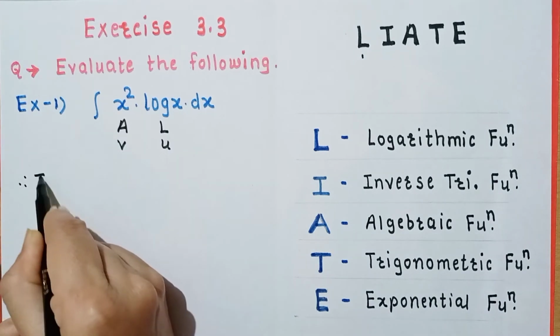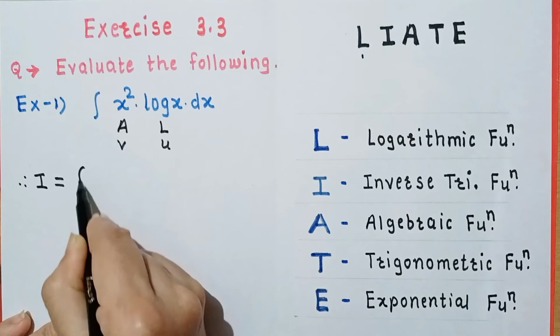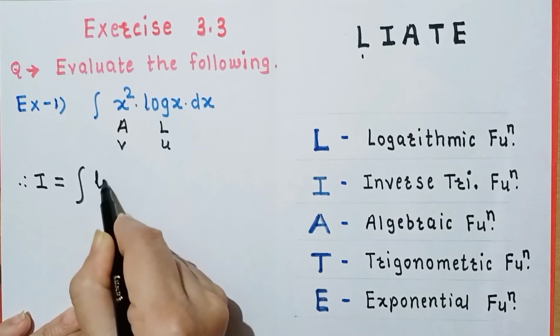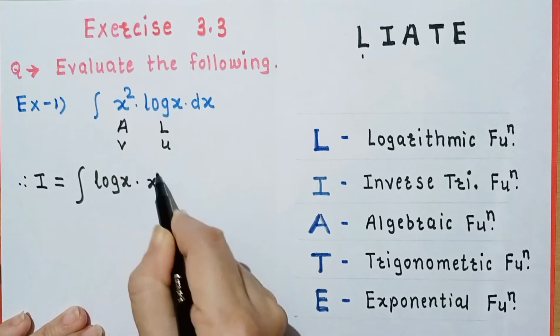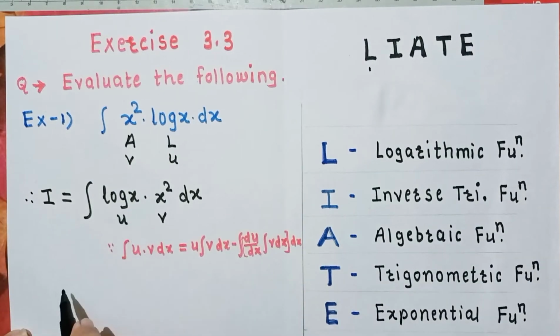So here I equals: write down this function first, log of x, times the second function. Now we use this rule here.